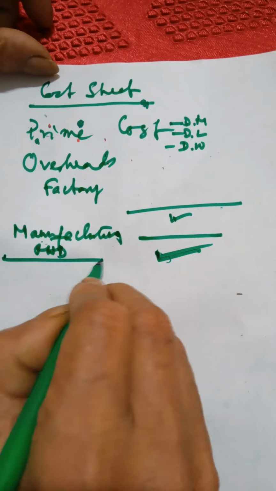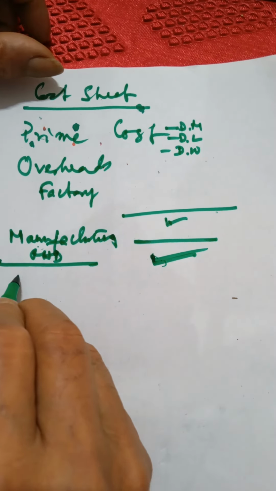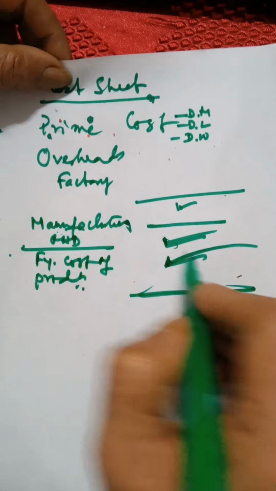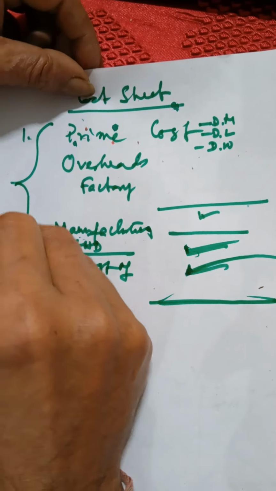And after that we arrive at factory cost of production. This is factory cost of production. Okay, and this cost is used to value the inventory and the value of cost of goods sold. This is the system of valuation under marginal costing.